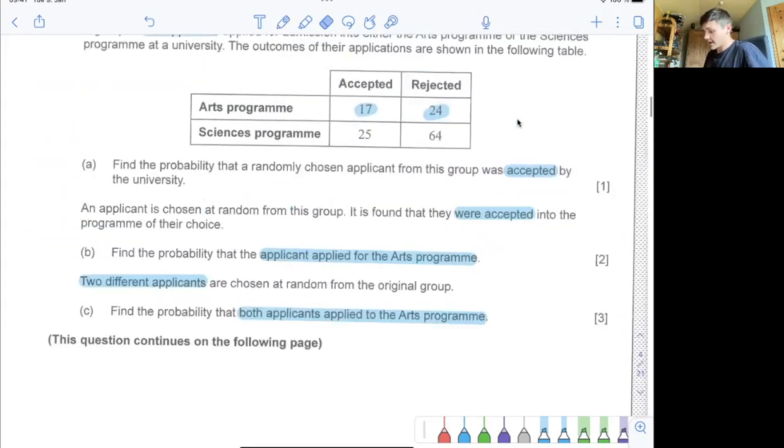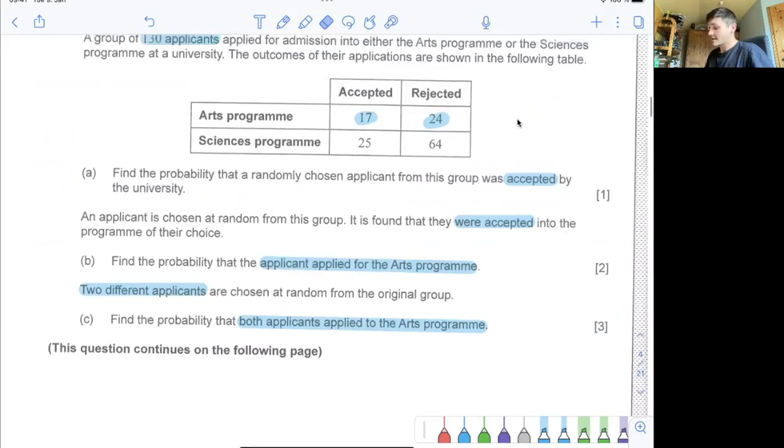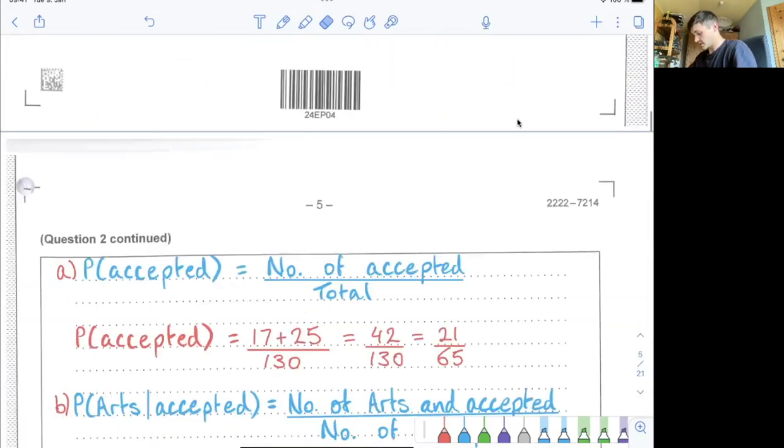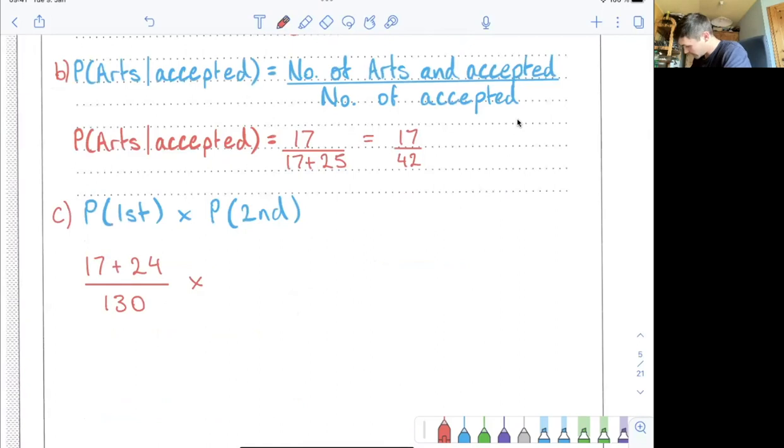So essentially what we're going to have to do now is subtract 1 from the total number of arts program applicants, and additionally subtract 1 from the total number of applicants. So if we bring that down here, we're going to have 17 plus 24 minus 1, and then also 130 minus 1.